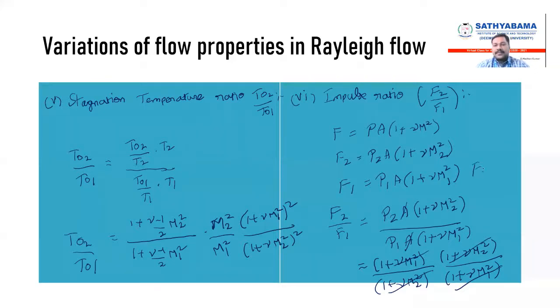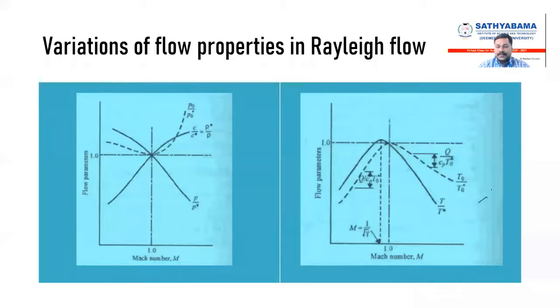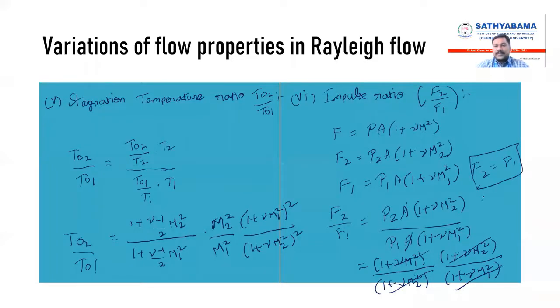So finally what do we get? F2 is equal to F1. So what happens to your impulse? Impulse remains constant, because F2 by F1 is 1. It is always 1. So as per that, your impulse remains constant.